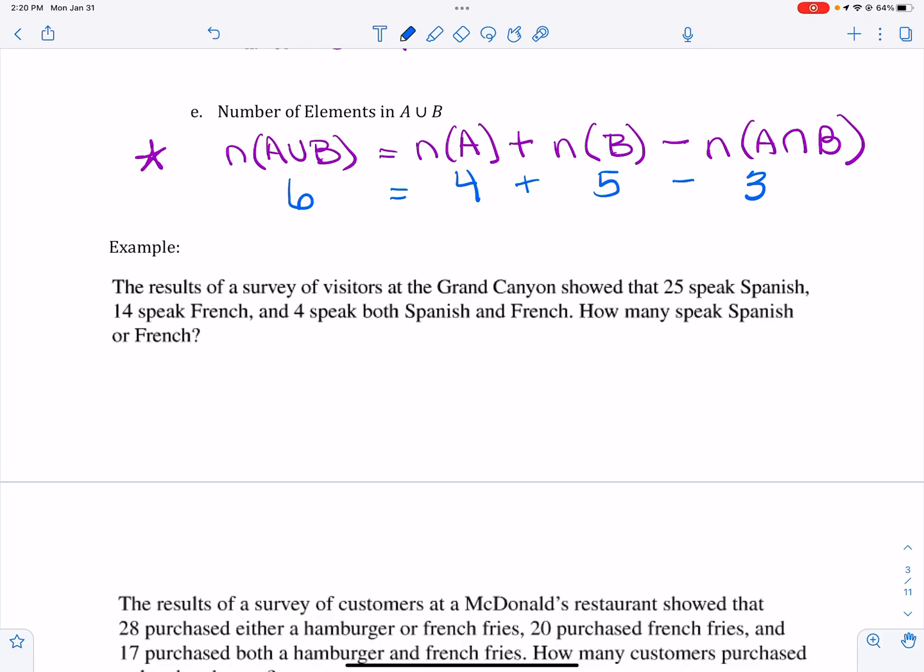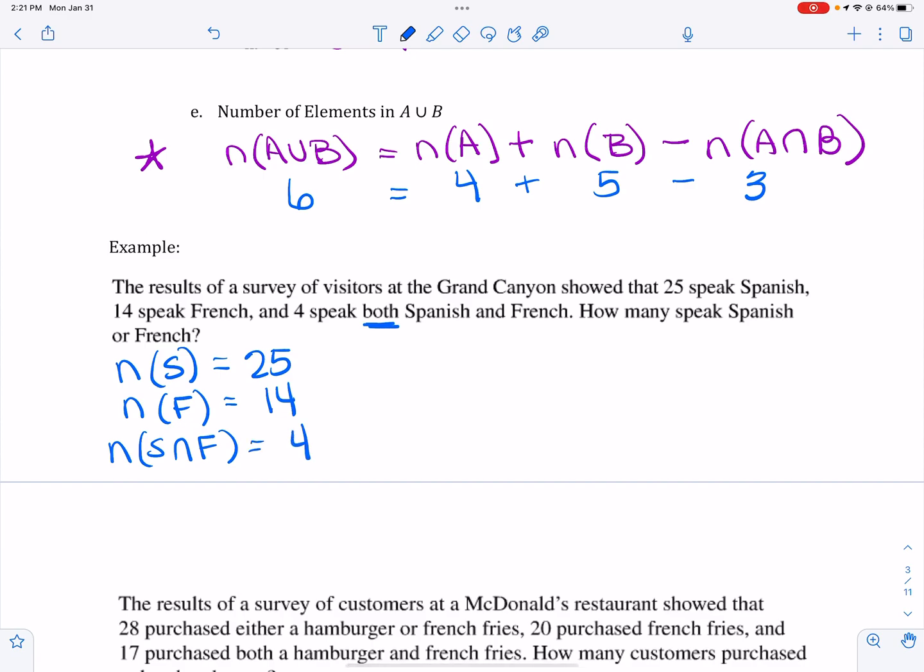Now, I use symbols to make it make sense. So I'm going to say the number of Spanish speakers, and I'm going to say S for Spanish, is 25. The number of French speakers is 14. And the number of Spanish and French, because it says both, is 4. So I want to know how many speak or.